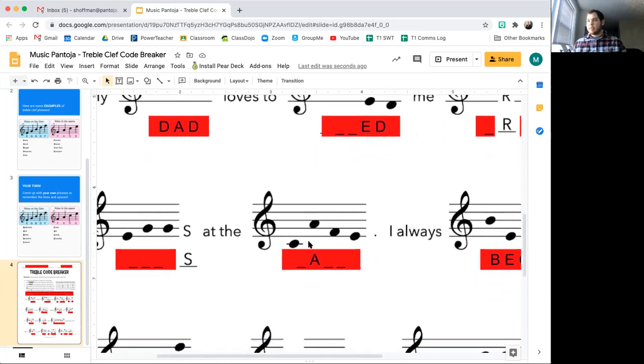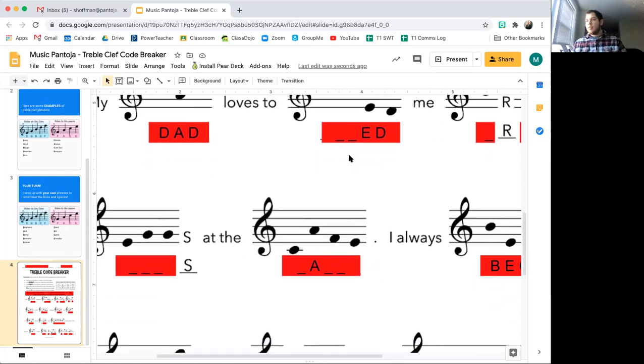There's another note that's below the staff. It's this one. Let me circle that in a different color. This guy right here below the staff has a line going through it. It has a ledger line because it's below the staff, but it is a line note because it has a line going through it. I'm going to use the same logic as before.